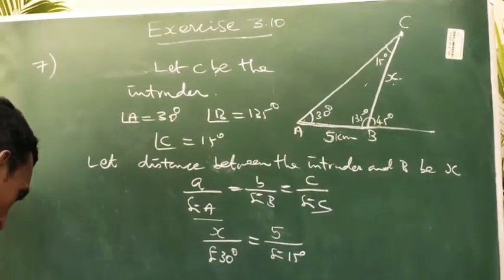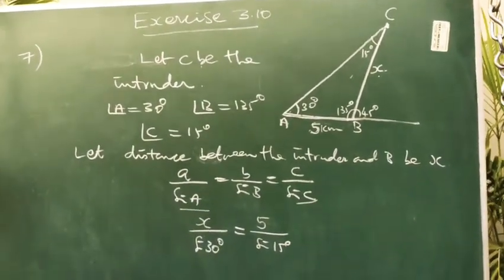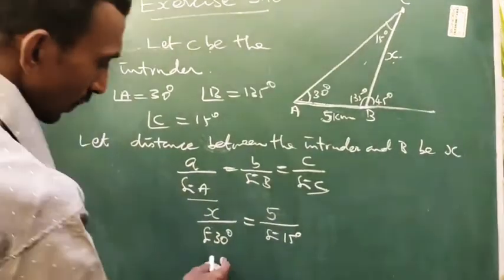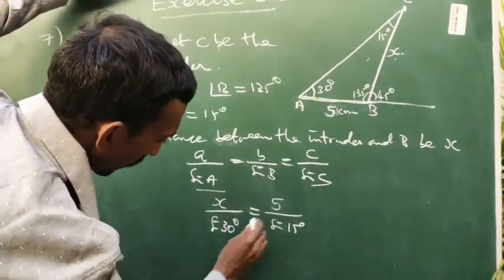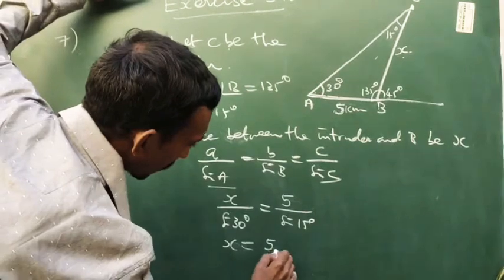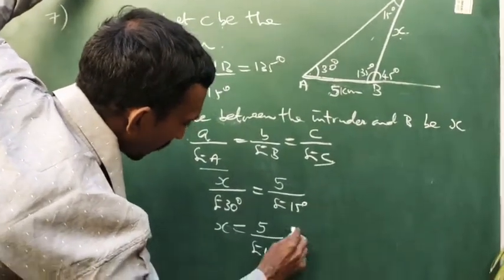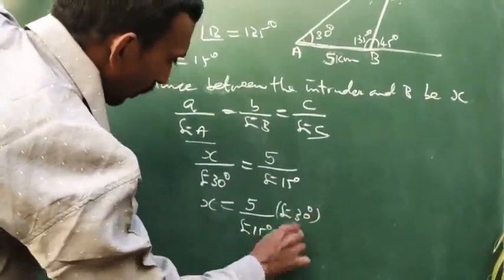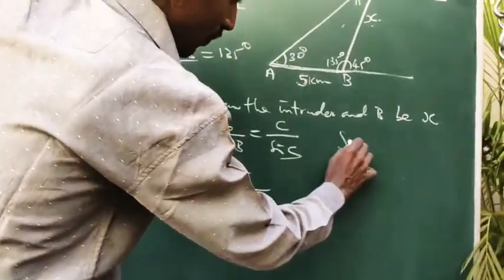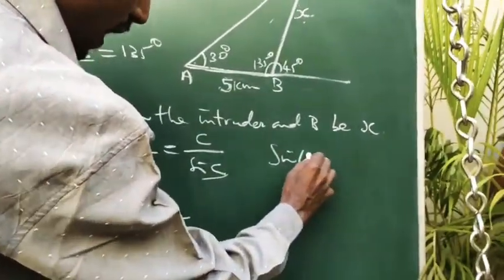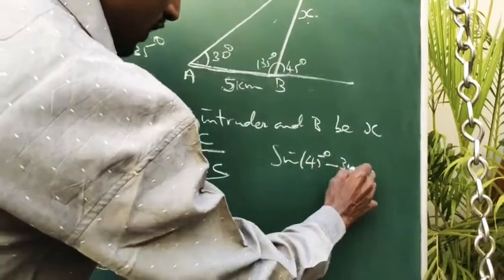So find out the value. Sine 30 is 1 by 2, or if you want, you can cross multiply: X equal to 5 into sine 30 by sine 15. Again we need to find the sine 15 value. Sine 15 can be written as sine of 45 minus 30.